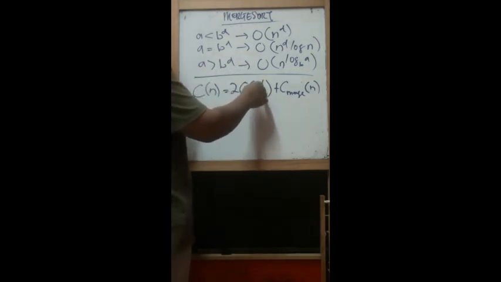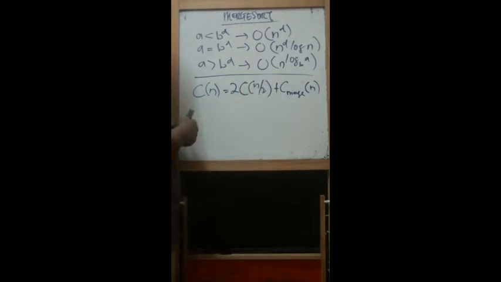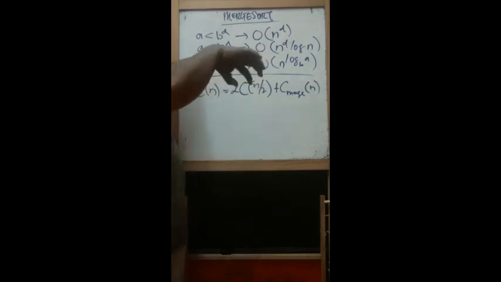C of n over 2 means the size n divided by 2. This is the divide and conquer for both sub-arrays, sub-array 1 and sub-array 2. The 2 is because in order to split into 2, we have 2 times concurrently.